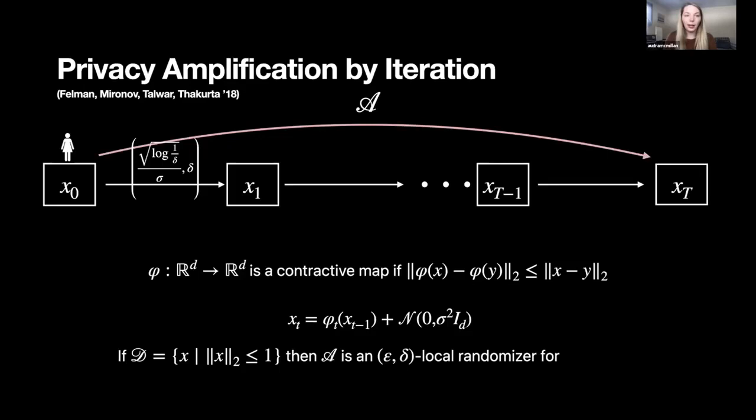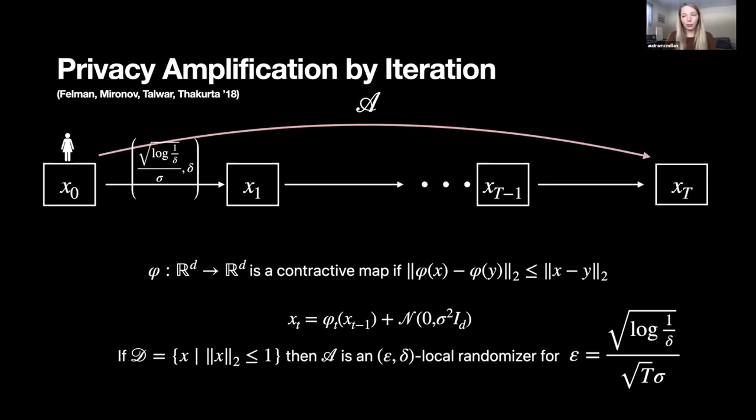What Feldman, Mironov, Talwar, and Thakurta proved is that actually the composition is much more private. If I undergo T steps of this process, then I get to divide my privacy guarantee by about square root T. So this is quite a lot. And I want to point out, just credit to the authors, this is actually a simplified version of their proof.